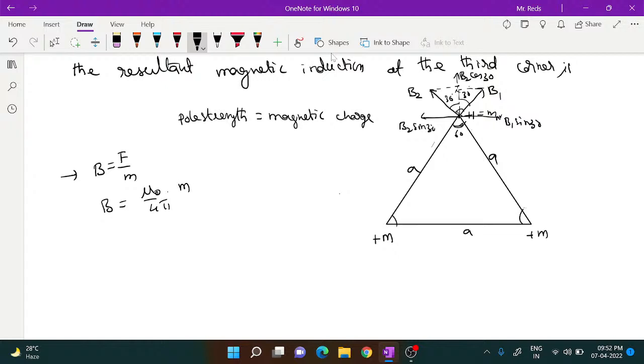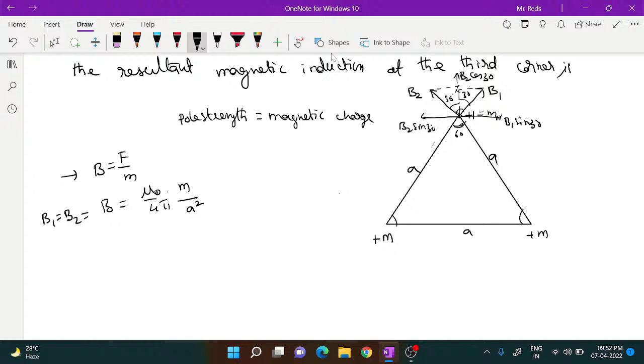Pole strength is m of the source charge, and the distance squared is a squared. Same poles, same pole strength, same distance a to this point, so B1 equals B2 equals B. So B2 sin 30 and B1 sin 30 are equal and directed in opposite directions. They will cancel out.